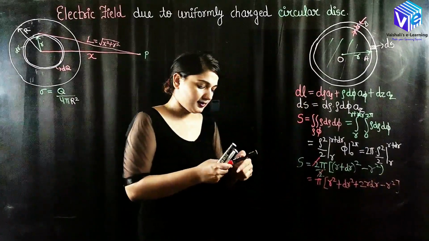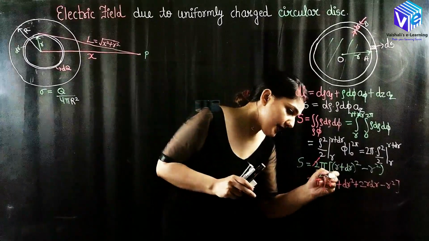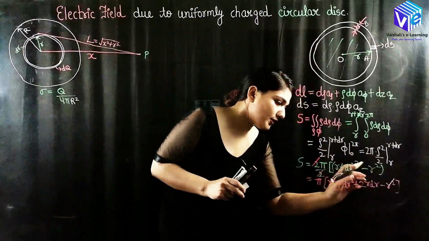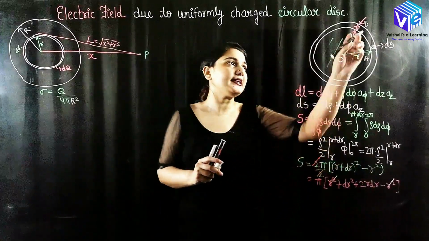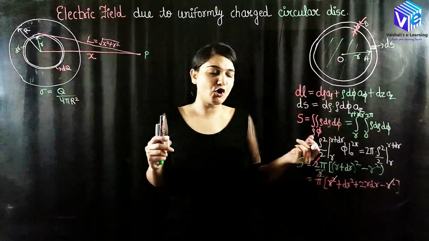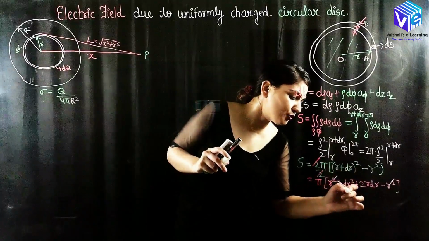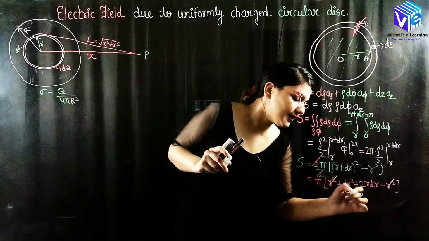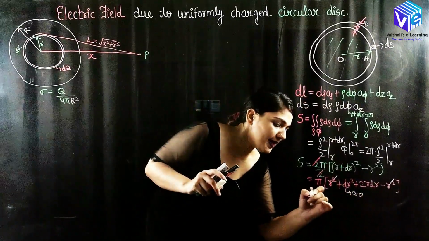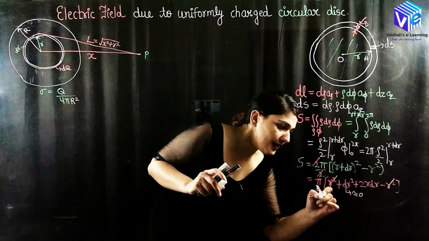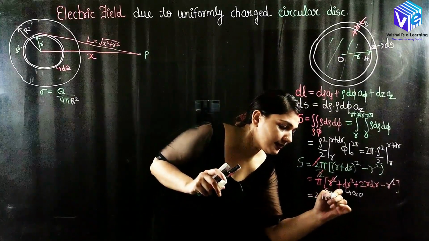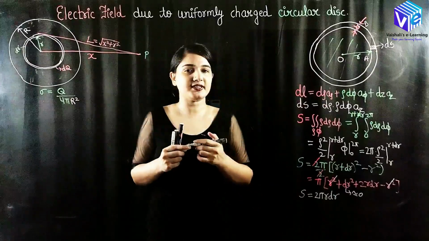Here r square minus r square gets cancelled out. Dr is a very small term, so dr square will be even smaller, so I am approximating it to 0. What I am left with is 2 pi r dr. This is my surface area.